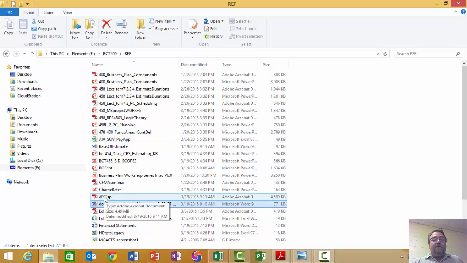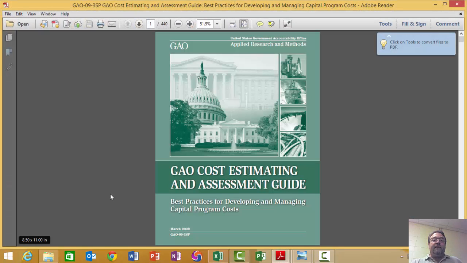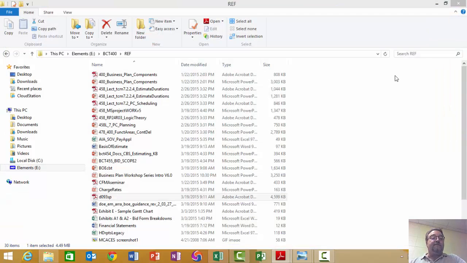What's this one? Oh, I'm going to stick that up there too. This is a great document. It's old, I think it's '09, but it's 440 pages long. It has good stuff in it about estimating, and probably basis of estimate too.